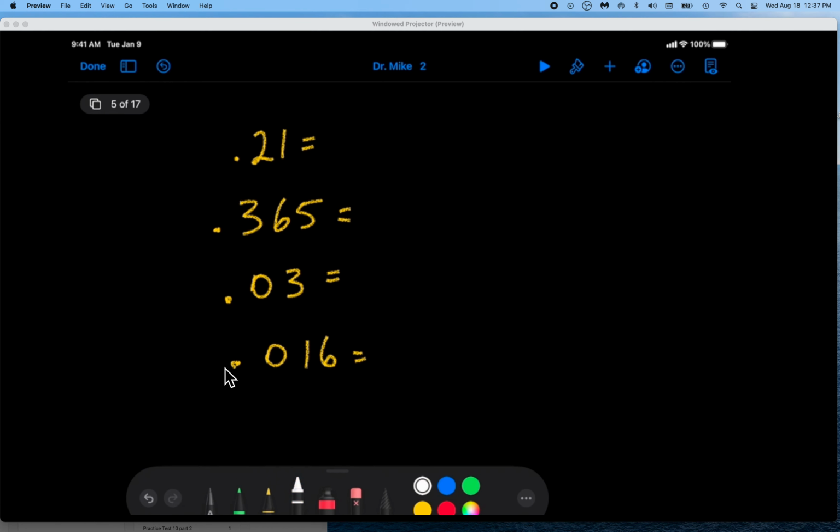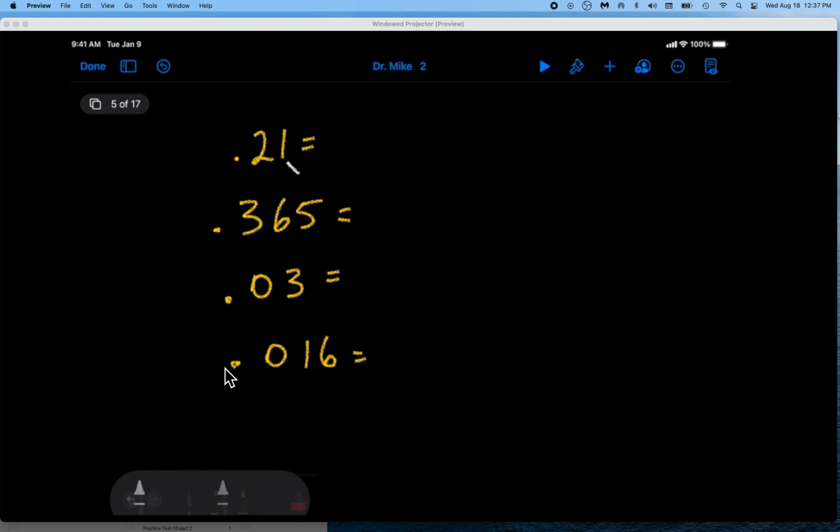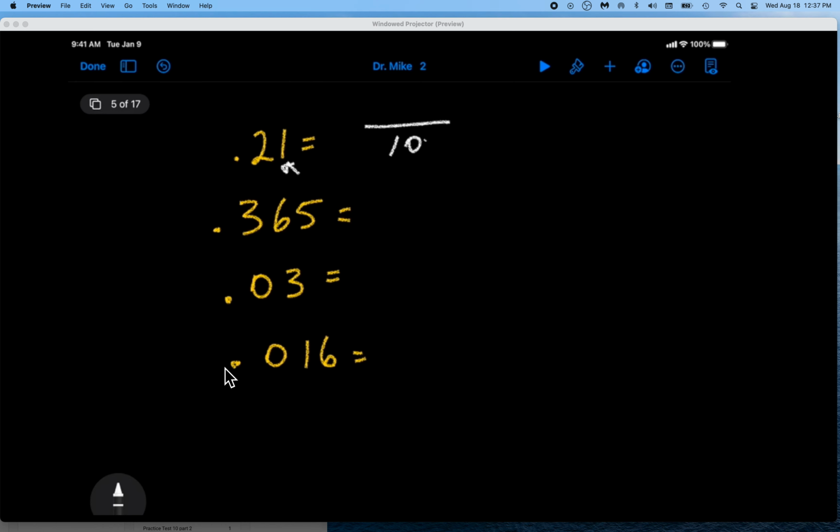Okay, first one. Furthest to the right is hundredths. That goes in the denominator. 21 goes in the numerator. 21/100ths. Thousandths is furthest to the right. 365 in the numerator. Okay, this is a little bit more difficult. What is the furthest place value to the right?